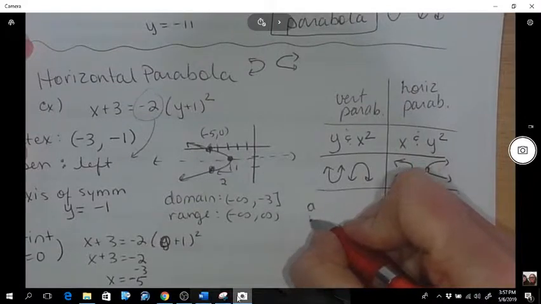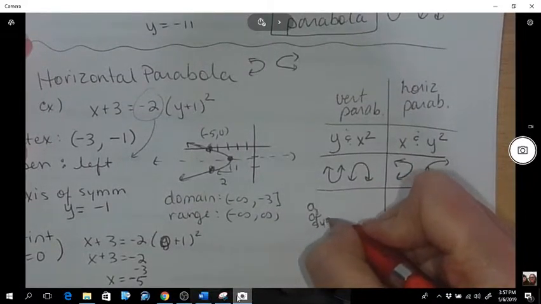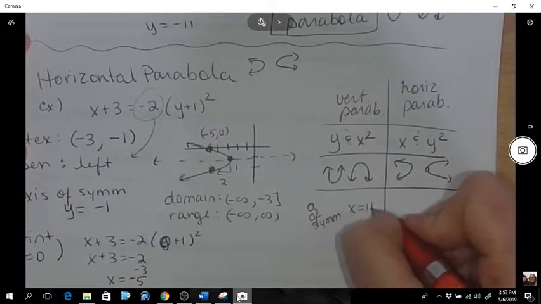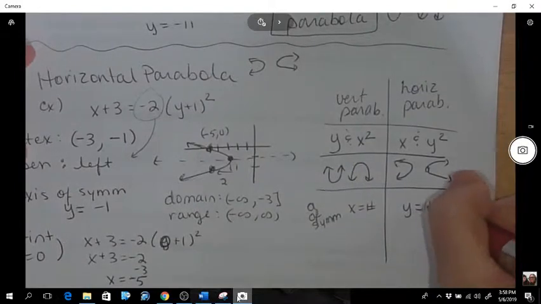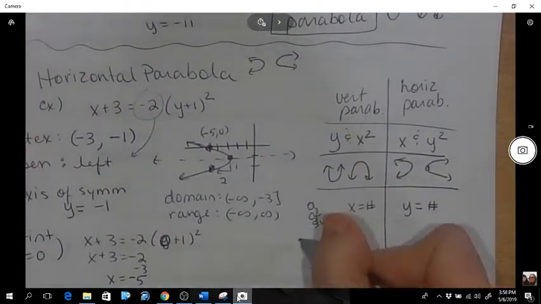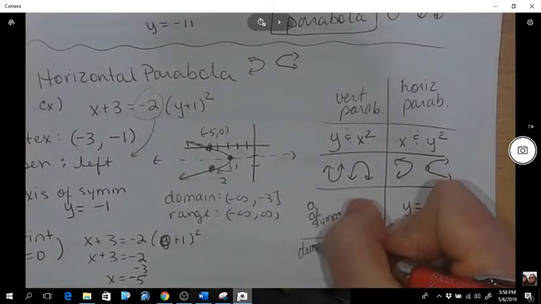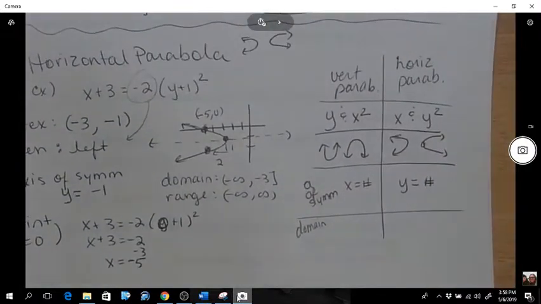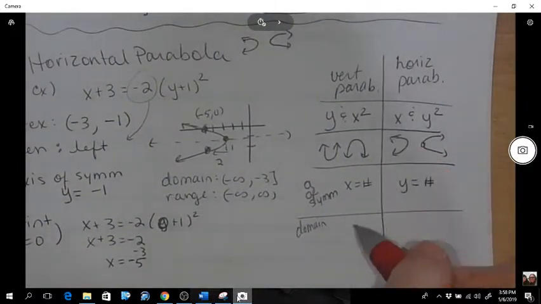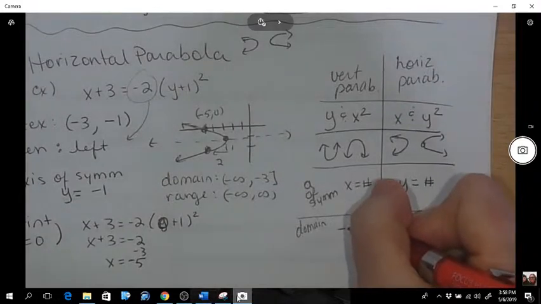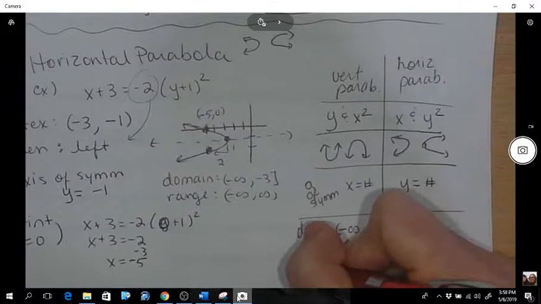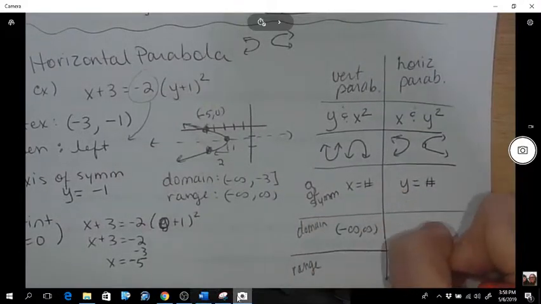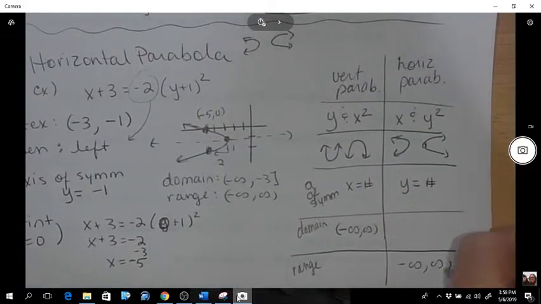Axis of symmetry, you would have an x equals, and on the horizontal you will have a y equals. Domain, so on the vertical one versus the range on the horizontal one will look like that.